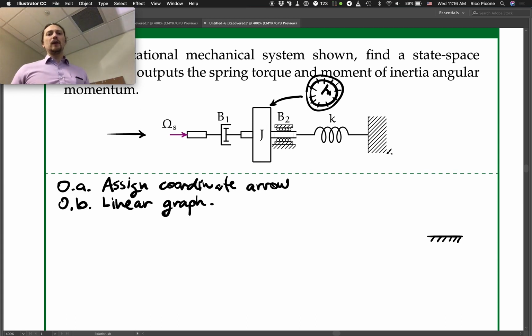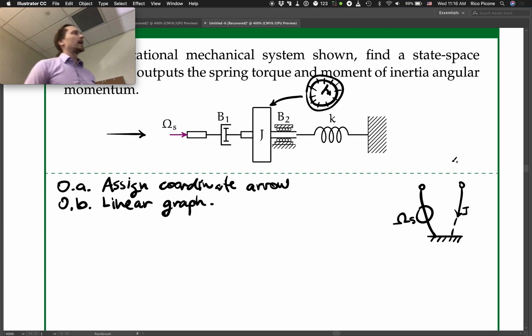It's always easy to identify the node associated with a moment of inertia J, so there's one, J. And we also have this angular velocity source, which is going to specify a distinct angular velocity, right? So that can be drawn in here, and that is omega s.